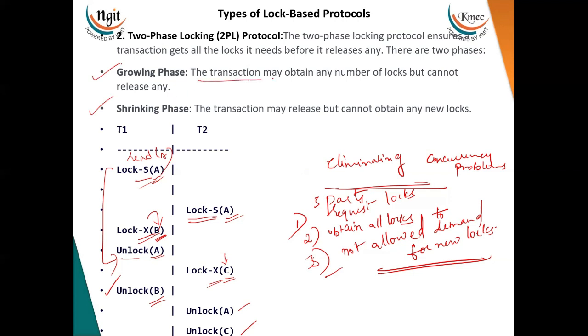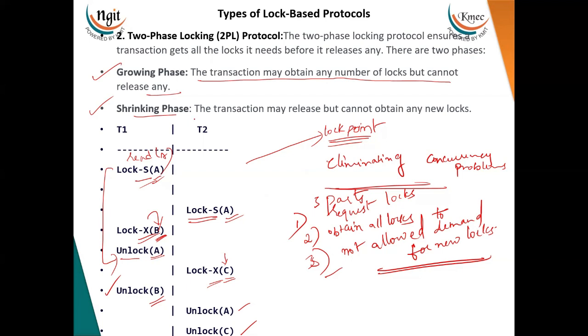Here the transaction may obtain any number of locks but cannot release any, which means when it wants to perform an operation on some data item, it is going to obtain all the locks whichever it requires, but it is not allowed to release any locks. The transaction is going to acquire all the locks in the growing phase. So how long can it acquire all the locks? Until it reaches a point called the lock point.